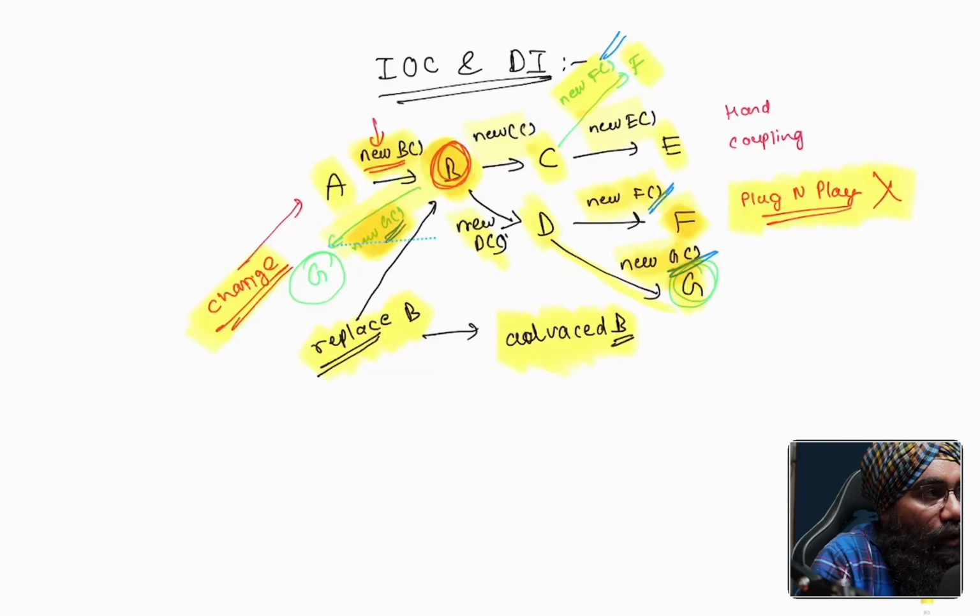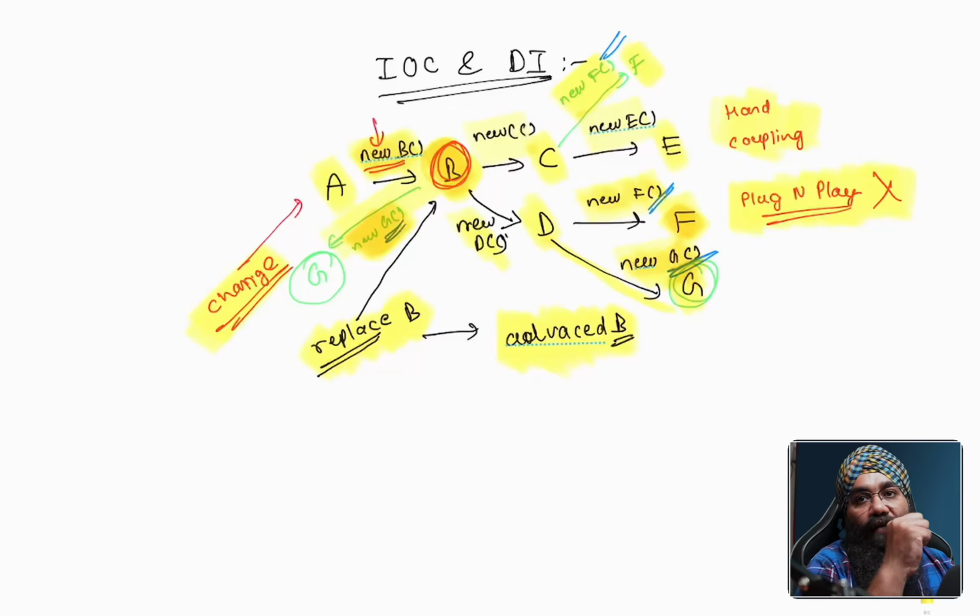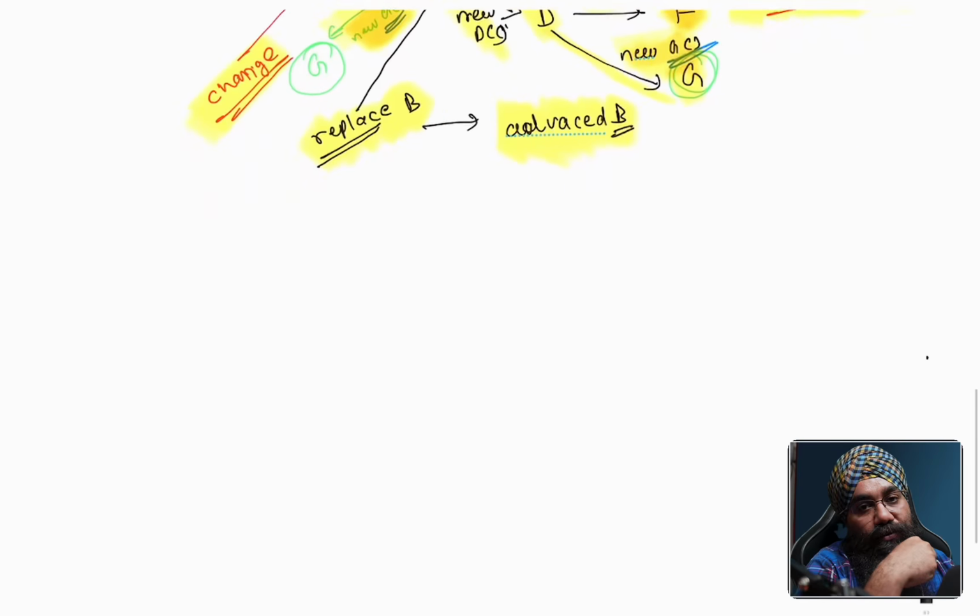You cannot simply pick a component, remove it, and add a new component. This problem is called hard coupling. Classes are dependent on each other in a very hard way. If you want to replace one particular class, other classes have to be changed. This problem is solved by the inversion of control principle.